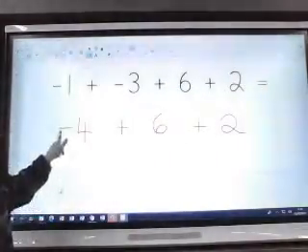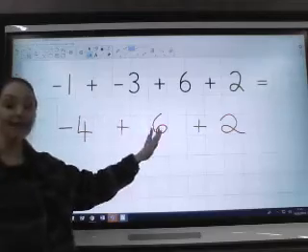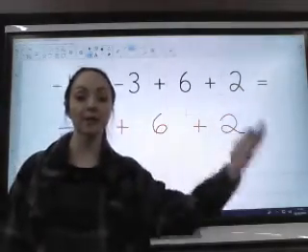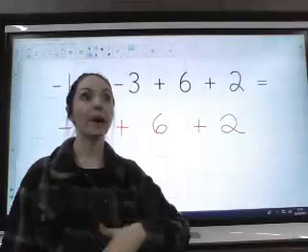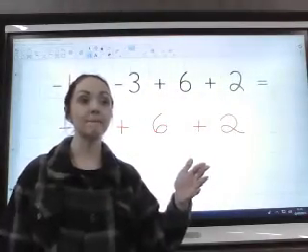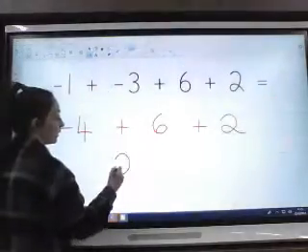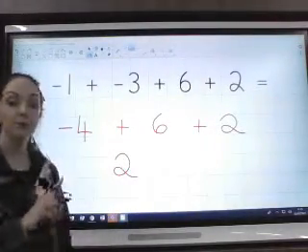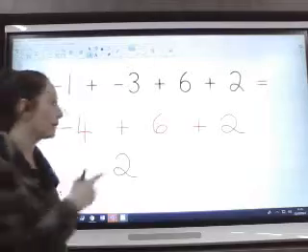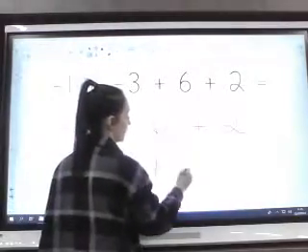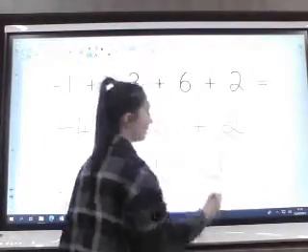Okay. So if I did -4 add 6, I'm going towards 0. Okay. So -4 add 6 is going to be +2. Okay, I don't need a minus now because I've gone past 0. 2 add this 2 would be 4.